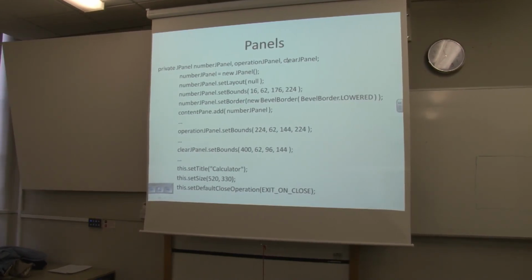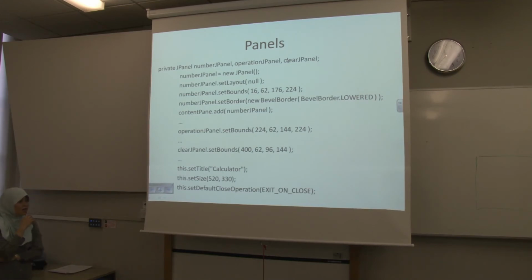You can also close the whole application by using set default close operation, exit on close. So if you want to launch another window, you can use, as last time, JOptionPane. Was it you who mentioned JOptionPane last time? Yeah.